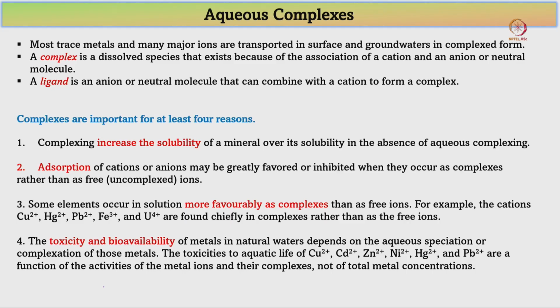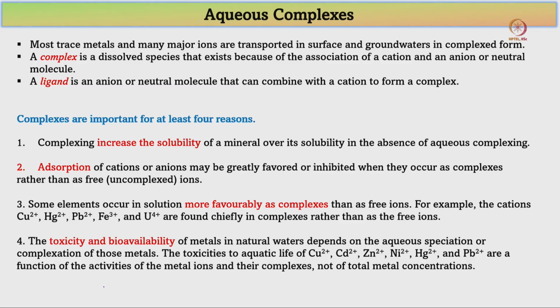Only a very small percentage of metals will be in free ionic forms, and even then they will be surrounded by certain ligands. So, even if they are there as free ions, their complex formation can always continue. I will explain more about this in the next few slides as we move on.